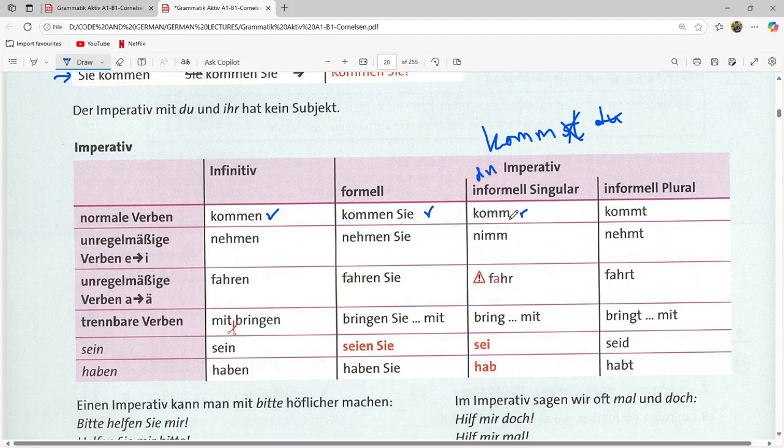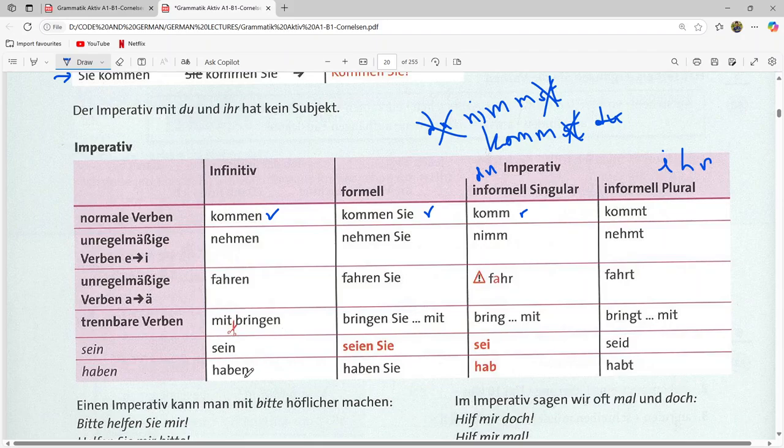It will just become komm. Next one, nimmst. Du nimmst, we knew that it is du nimmst. Du will be gone and st will be gone. It will be just nimm. Okay, and informal plural, it is the ihr form. Just write the ihr form verb.